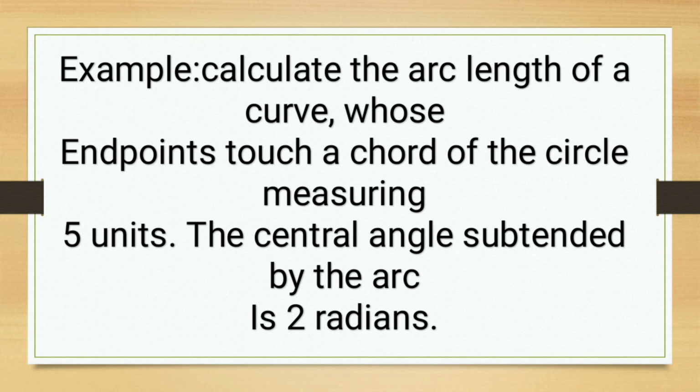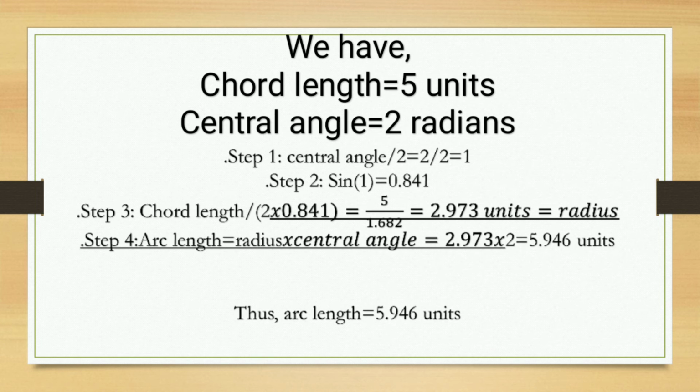Example, calculate the arc length of the curve whose endpoints touch a chord of the circle measuring 5 units. The central angle subtended by the arc is 2 radians. We have chord length 5 units, central angle 2 radians.